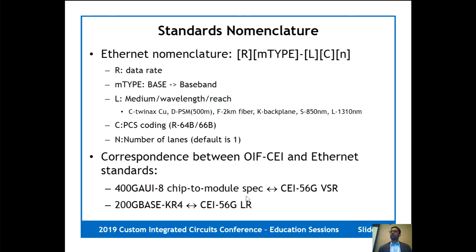Typically, the CEI specs are developed earlier, and then they're adopted by Ethernet, but the name of the standard has changed. So here are a couple of correspondences to help decode or translate one to the other. So 400 gig AUI 8 chip to module spec would be, for all practical purposes, identical to the CEI 56 gig VSR spec. So for the subsequent discussions, for the electrical specifications, I'll stick with the CEI spec terminology, and then for optical, I'll use the Ethernet terminology.